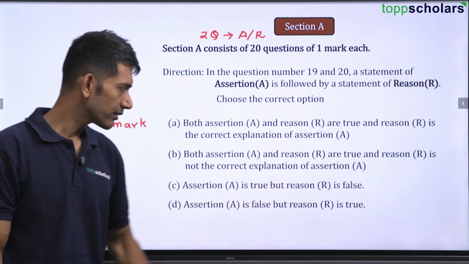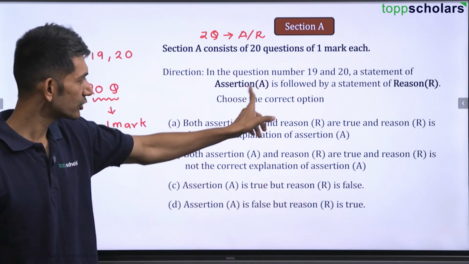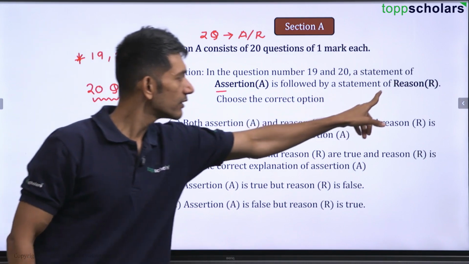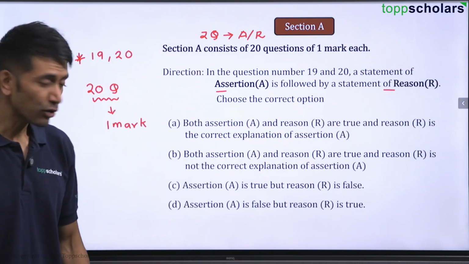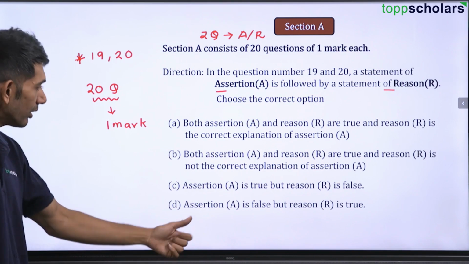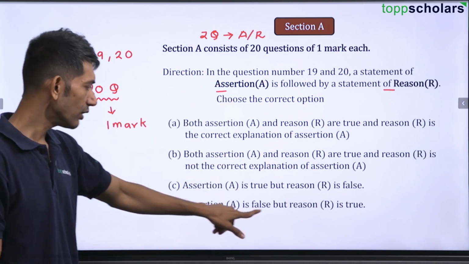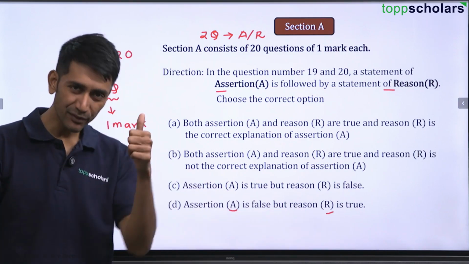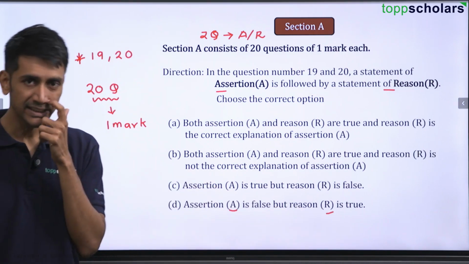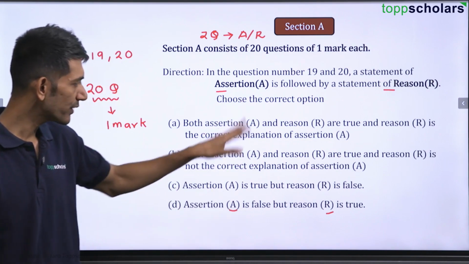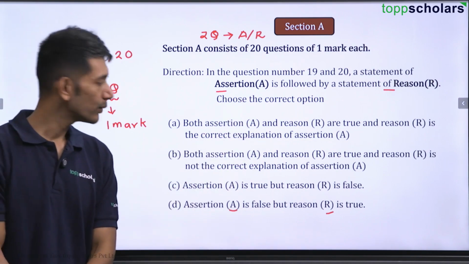Assertion is true but reason is false. There is a possibility that the first statement is true, this is false, and there is a possibility that both are false. Or according to this option, assertion is false and reason is true. So what do we understand from this? I'll explain it to you once again.